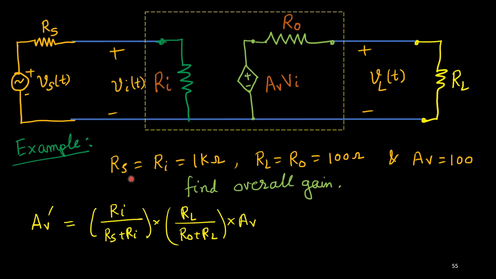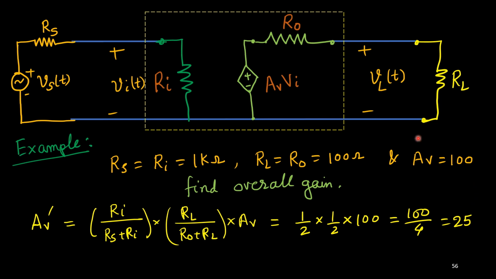As it is given both are same, so this is 1, this is 1 plus 1 is 2, so half. Similarly here 100 upon 100 plus 100, 100 by 200, again it is half. So this is half and this one is 100. So half times half times 100, 100 by 4 is 25.